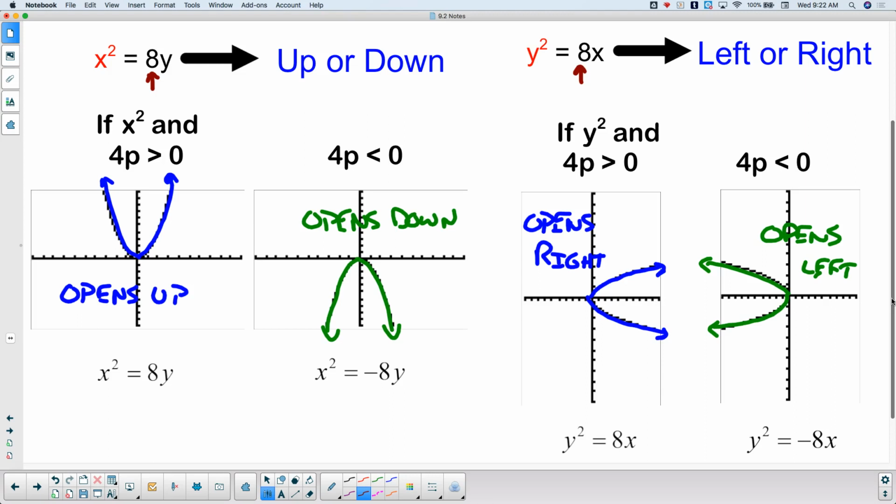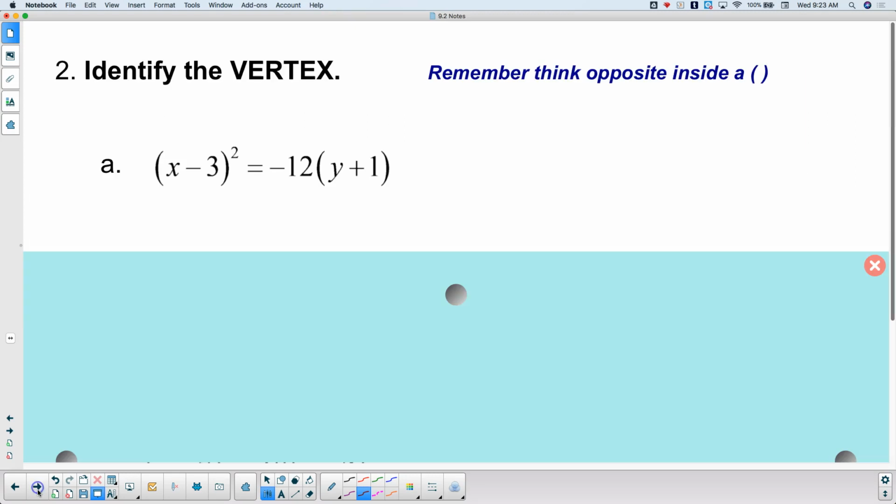It's 2 questions that you should be able to answer just by looking at the equation. Okay, so that's step number 1. Getting a mental picture of which direction, up, down, left, or right, that parabola is going to open.